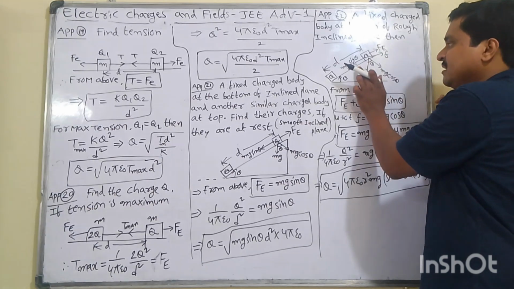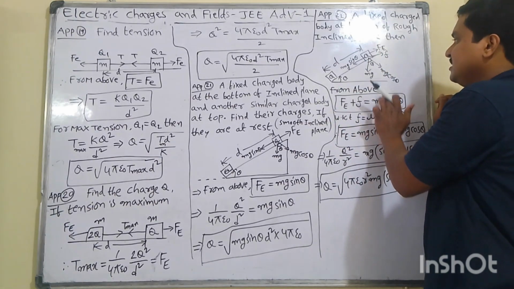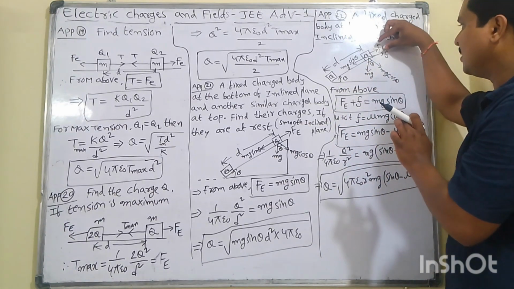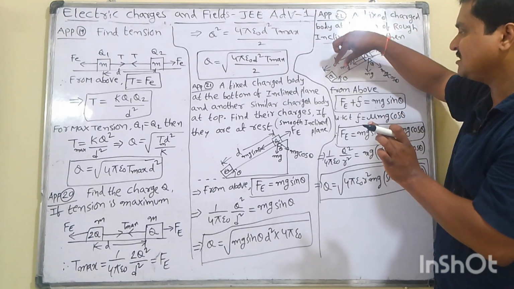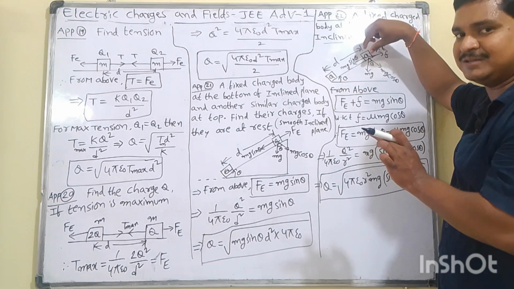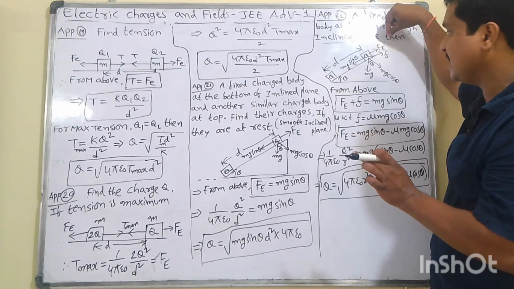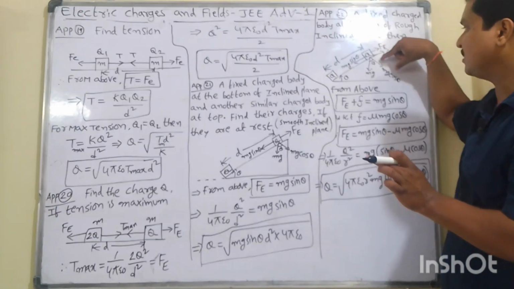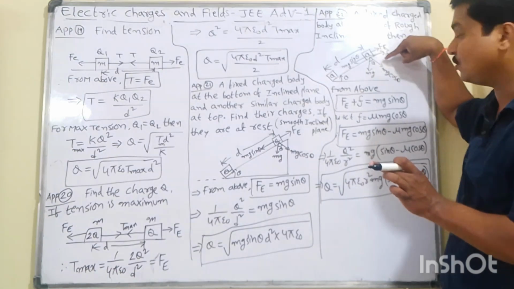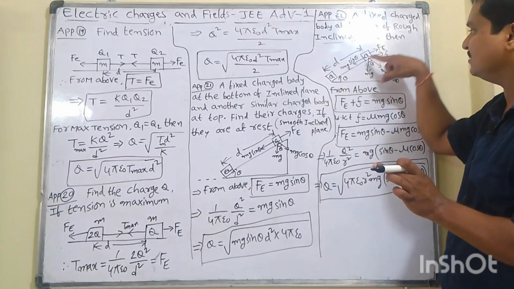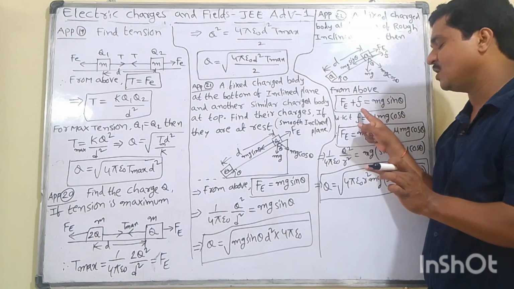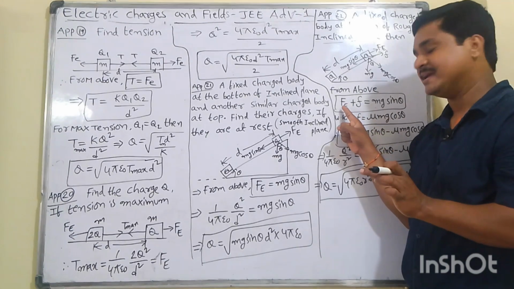At equilibrium condition, the mg sin theta component is equal to Fe plus f. How did we get Fe here? Similar charges repel each other. There is a repulsion between the two similar charges, because of that the electric force is away from the charge. So Fe and the frictional force are also opposite to the motion of the body. So Fe plus f equals mg sin theta. Small f means frictional force, Fe means electrostatic force.